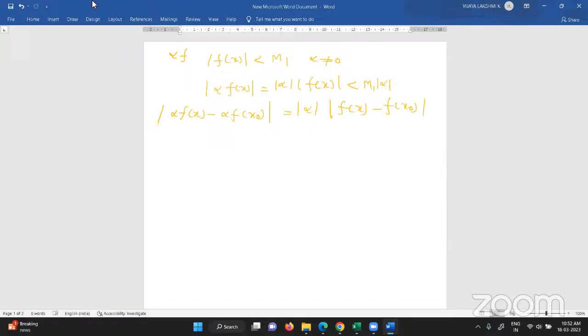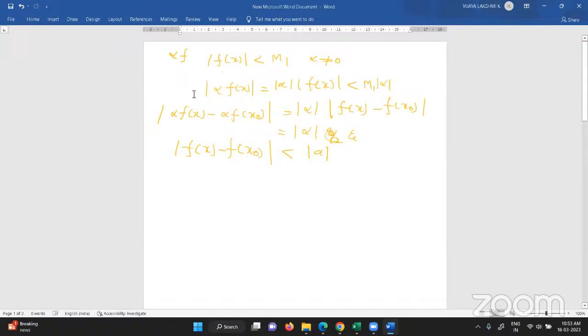Because f is continuous, mod f of x minus f of x naught is less than epsilon. Sorry, one minute.